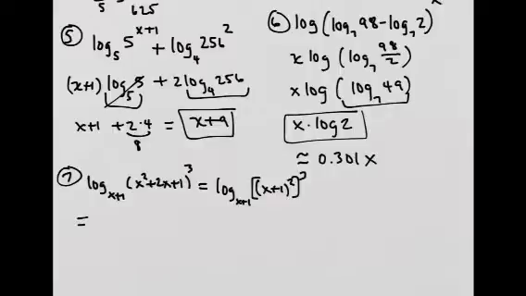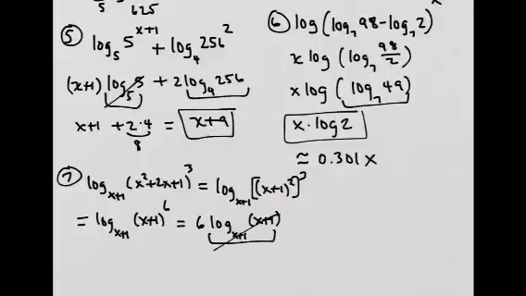So this becomes log base x plus 1 of x plus 1 to the 6th power. Now that 6 becomes a coefficient of the log, and then this is x plus 1, and then because you have the same base here and the same number there, this log becomes 1. So 6 times 1 is 6.